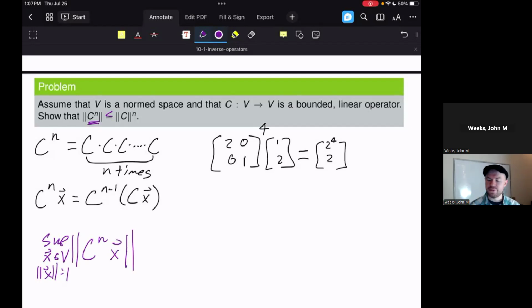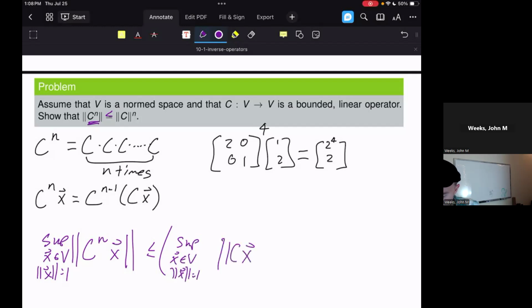So this is asking for this supremum here. And it is saying that that is less than or equal to the supremum of the norm of C x over all norm 1 vectors inside of the space, all raised to the n power.